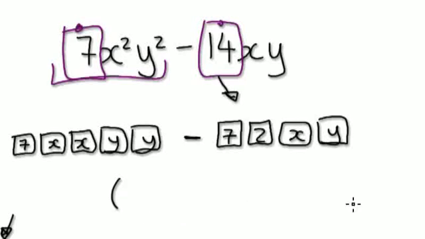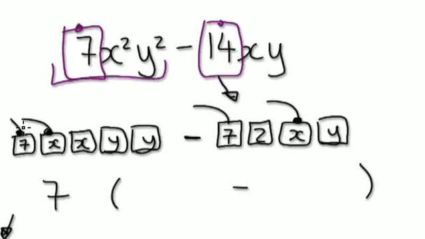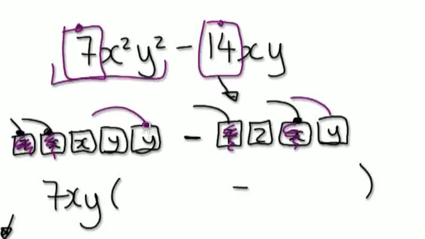Look for what's in common. What's in common is the 7 here. We're going to remove the 7. What else? The x. We're going to remove the x. No more x's. Oh, we've got the y here. So let's take the 2 y's out.